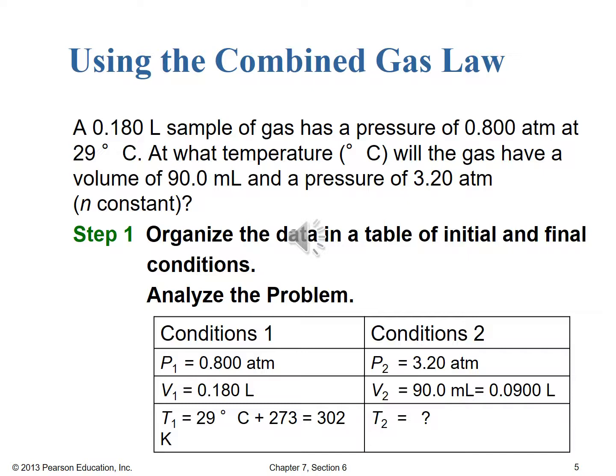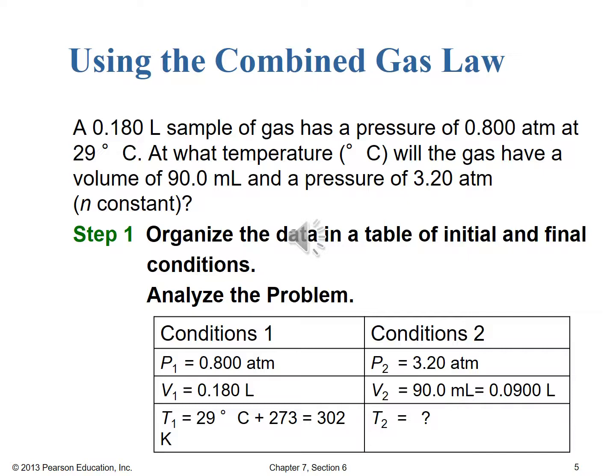If you look, the original starting unit for volume is liters, and the final unit is milliliters. And of course, temperature, we're going to have to convert out of Celsius to Kelvin, and then finally back into Celsius, because that's what the question wants the unit for temperature at the end. So a seemingly simple question that's going to take us a little time, but as long as we follow our steps, we should be fine.